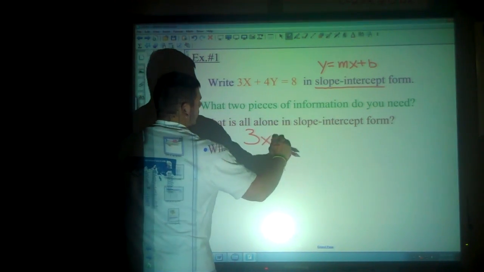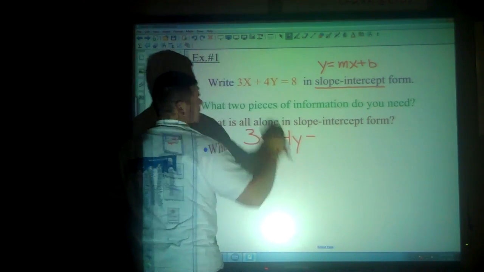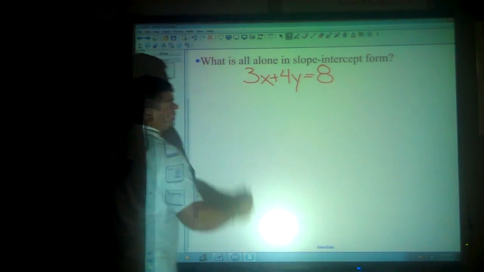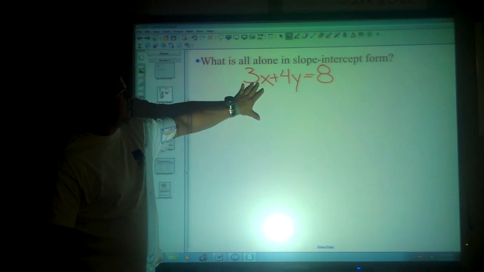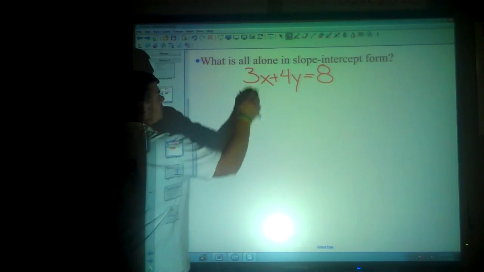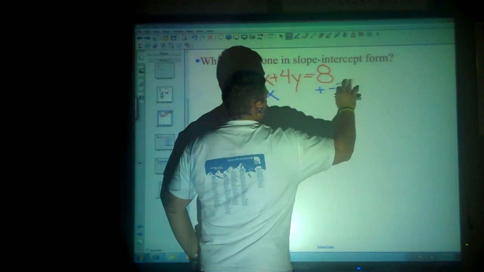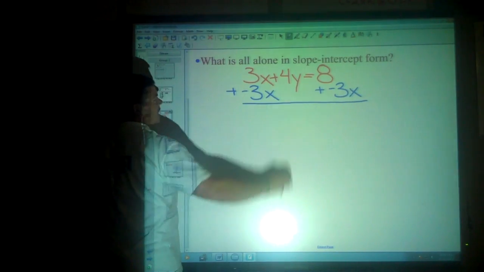3x plus 4y equals 8. We've practiced for quite some time playing the shuffling game. If we want to get the y alone, we have to get rid of this positive 3x. The opposite of a positive 3x is the negative 3x. And if we add it to one side, we must add it to the other side.